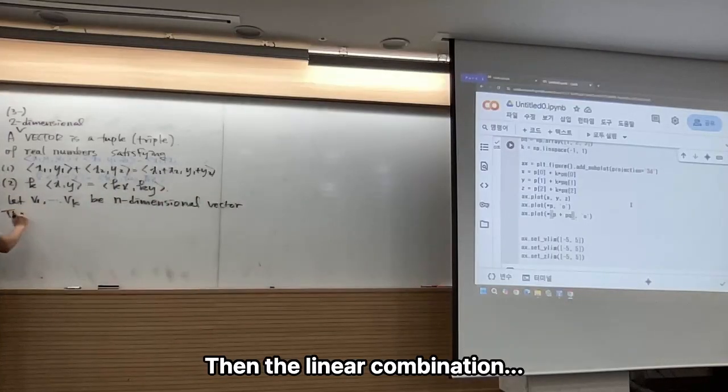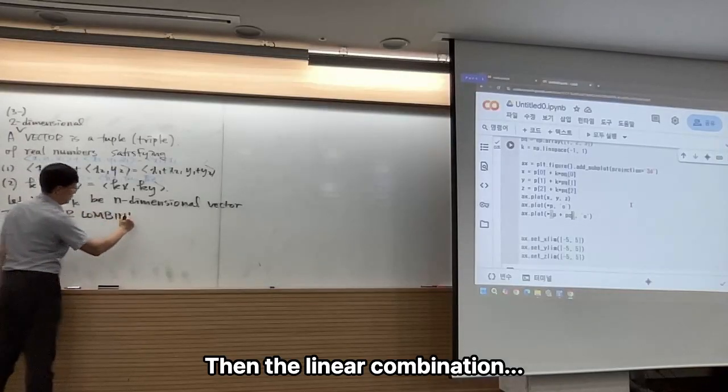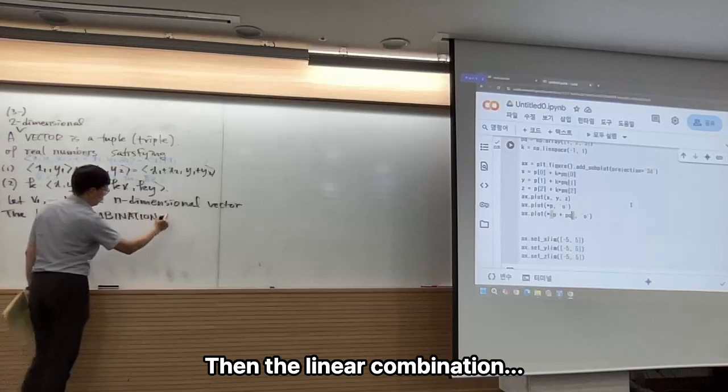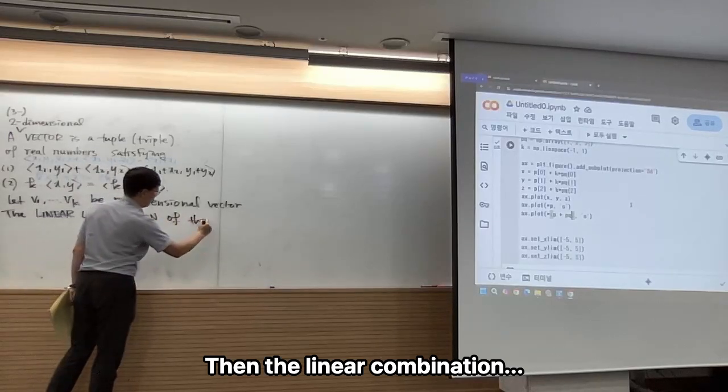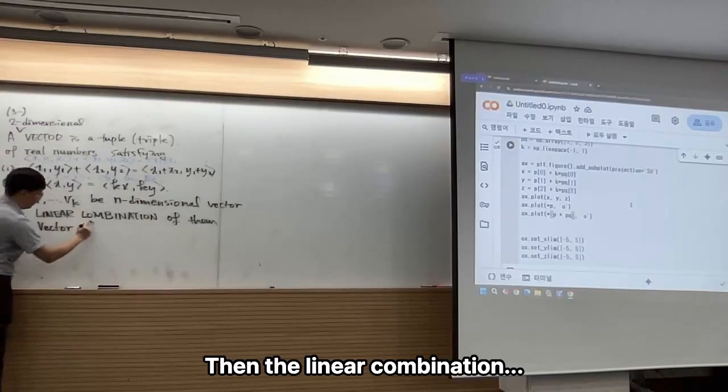Then the linear combination of them is a vector of the following form.